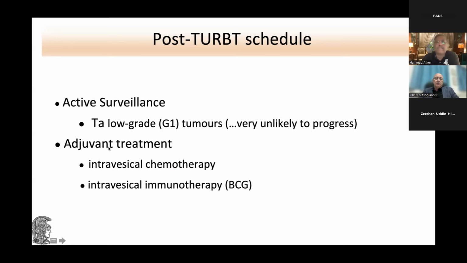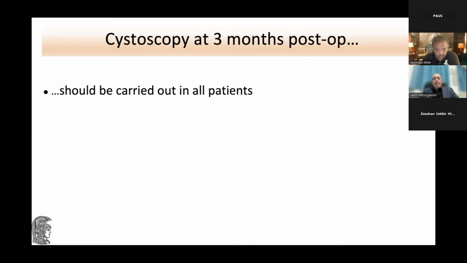Of course, there are tumors that need adjuvant treatment, either intravesical chemotherapy or intravesical immunotherapy. I think it's beyond the scope of this talk to get through this in details. But we have to say that the first cystoscopy, which is carried out at 3 months' time after the operation, is very important.